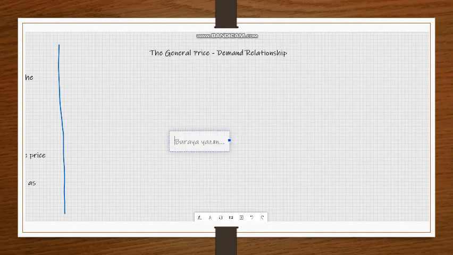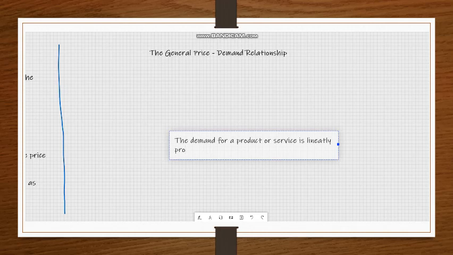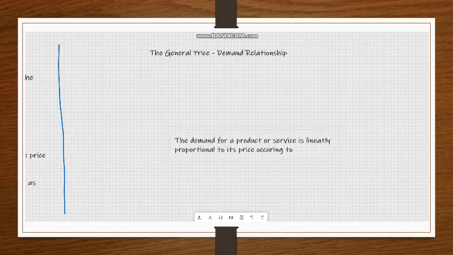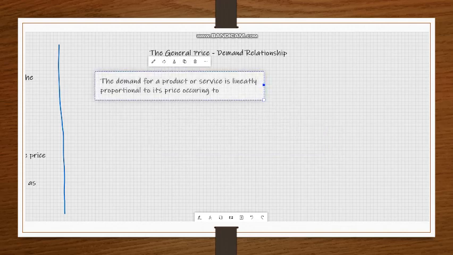We know that the demand for a product or service is linearly proportional to its price.